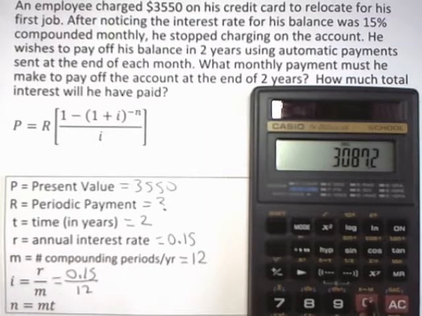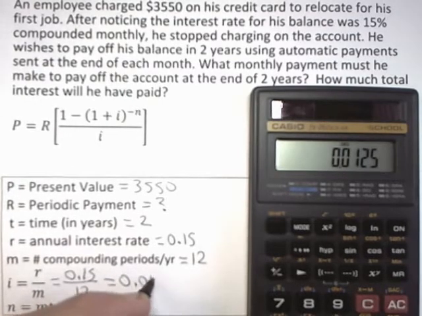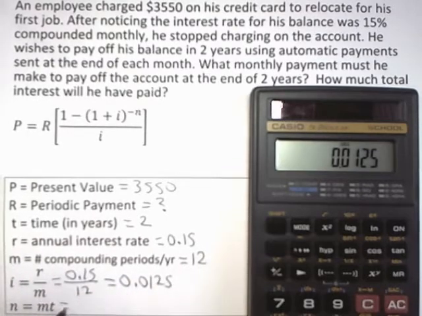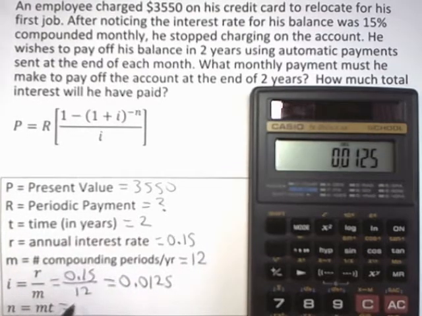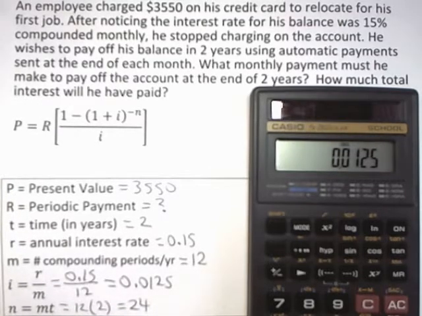If you do that on the calculator, 0.15 divided by 12 is 0.0125. And n is M times T. M is 12, T is 2, so that would be 24.